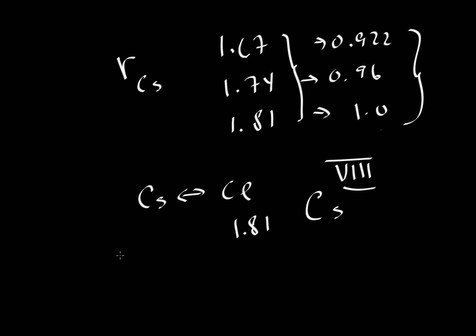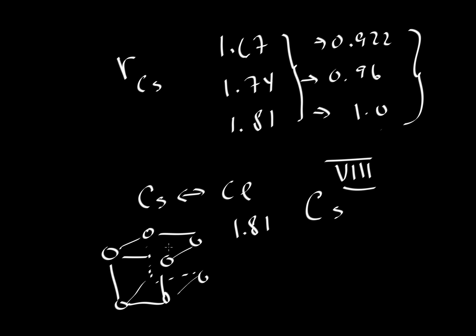And that would be the case where you would have, let's say, a cube with chlorine atoms at the corners. And then we could have a central cesium atom here that is now bonded to 1, 2, 3, 4, 5, 6, 7.